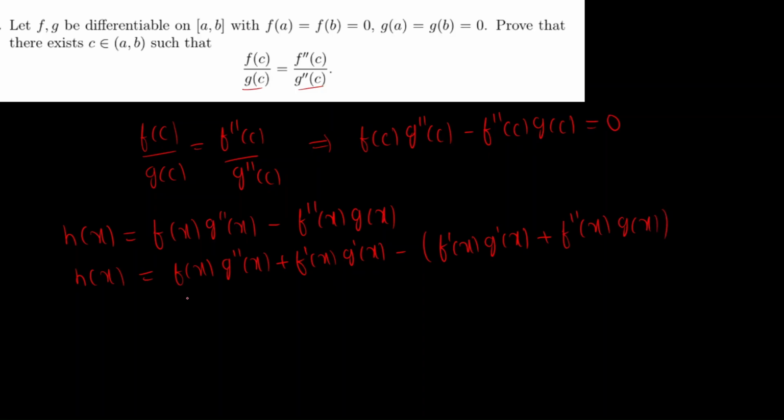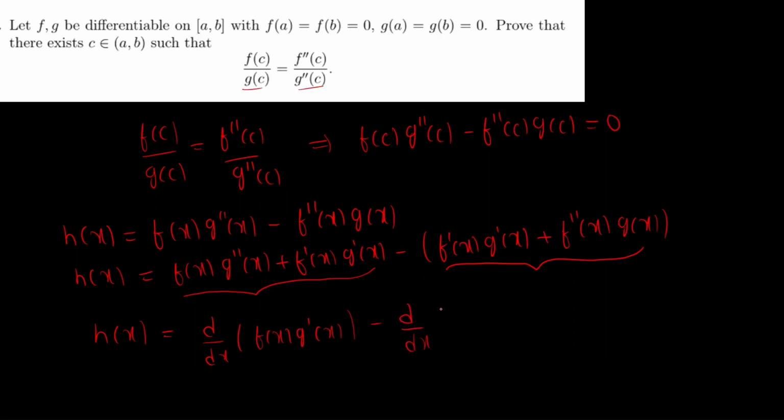If you properly observe, this is in the form of the product rule. This is also in the form of the product rule. I can write h(x) equal to d/dx of f(x) g'(x) minus d/dx of f'(x) g(x). Now I'll integrate on both sides.